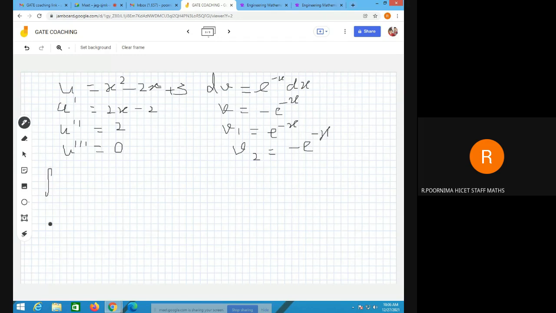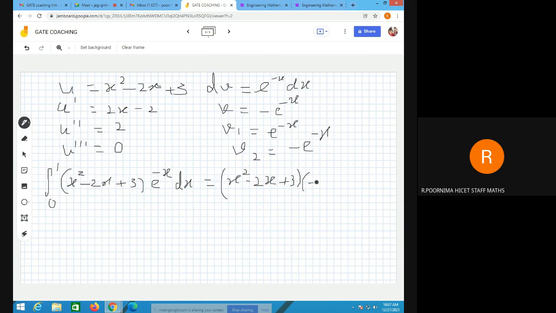Your definite integral from 0 to 1 of (x square minus 2x plus 3) into e power minus x dx is the u dv term, which equals, as per the Bernoulli formula, u into v. u is the first term we assigned, x square minus 2x plus 3, into v, which is minus e power minus x.